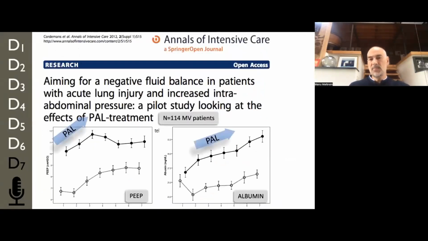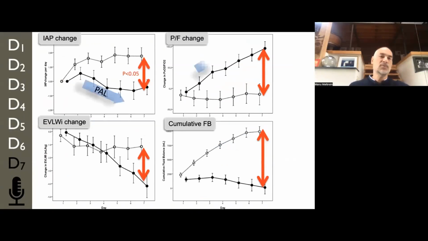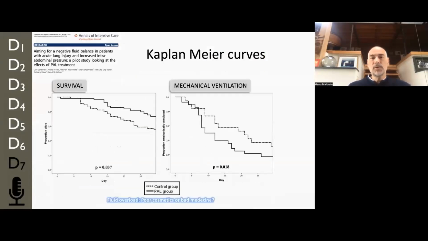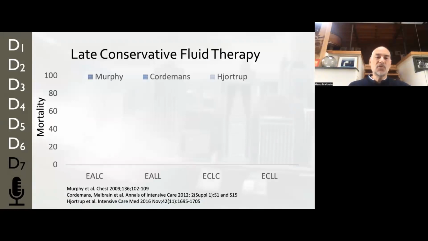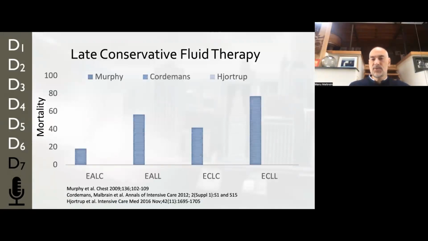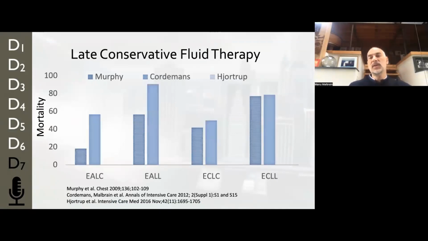The PAL group had higher PEEP, higher albumin because it was substituted, and after 1 week of treatment, cumulative fluid balance was in balance, and this resulted in better oxygenation, lower abdominal pressure and lung water, and again better survival and better weaning. So the combination of early adequate and late conservative, or early liberal and late conservative, may have an impact on outcome.